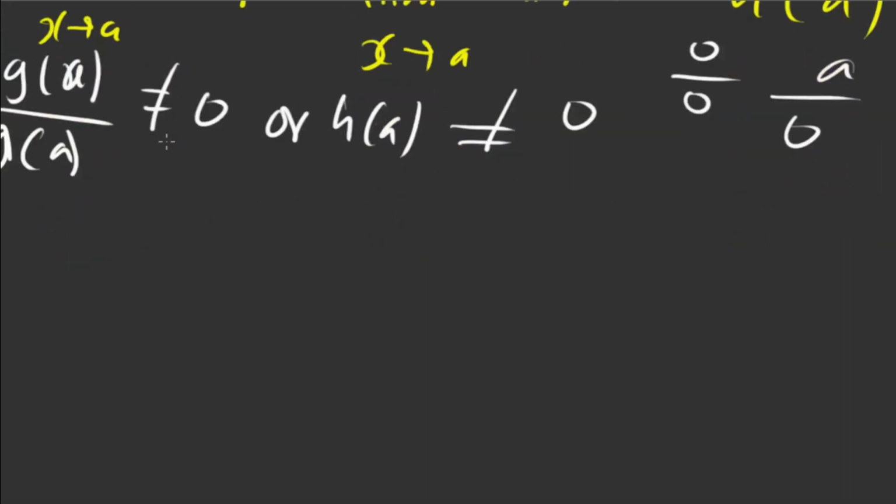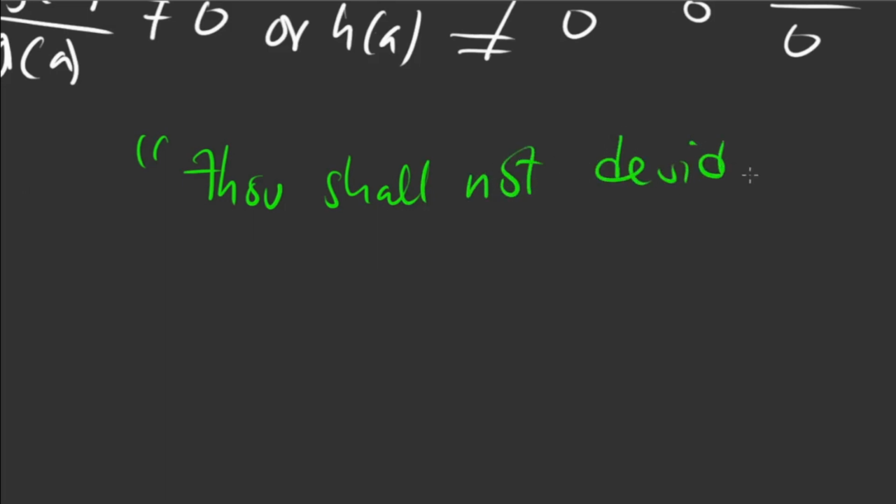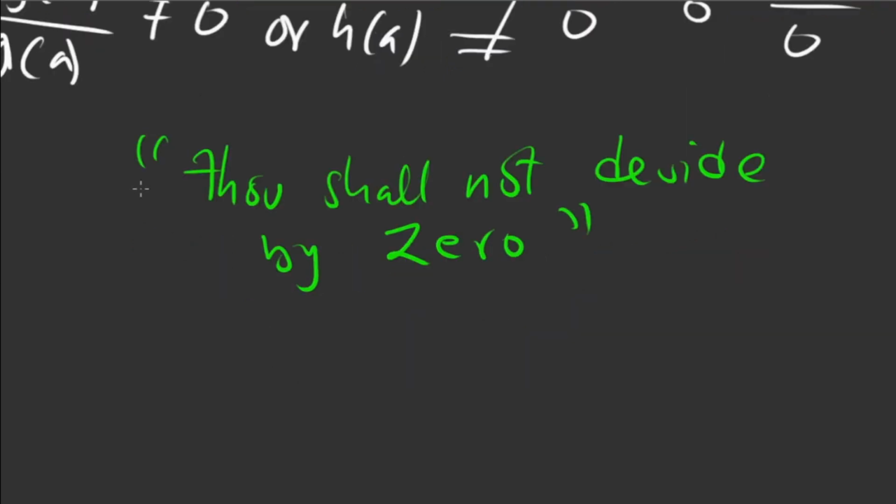There's a rule which says never divide by 0 in mathematics. So the function never exists whenever you have a 0 at the denominator.